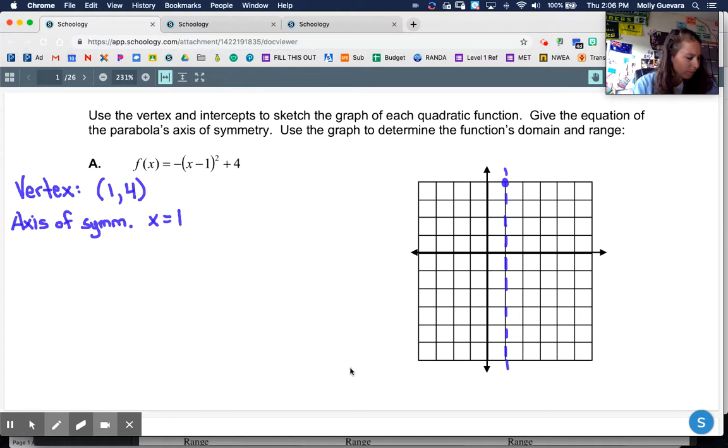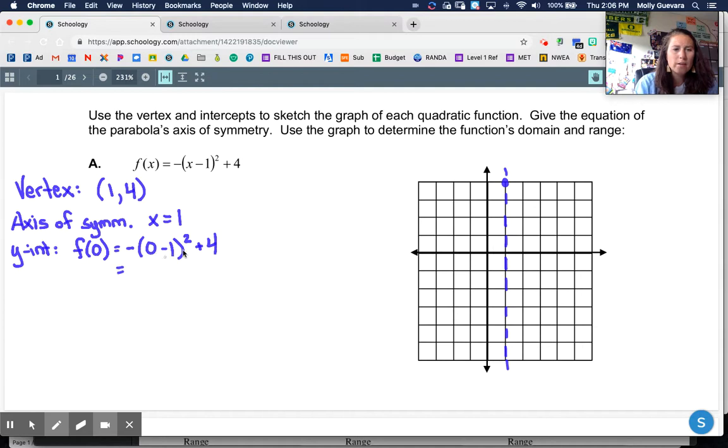Then it wants me to find the intercepts, so let's do the y-intercept first. The y-intercept means that I'm going to plug in 0 for x into the equation, and we can solve.